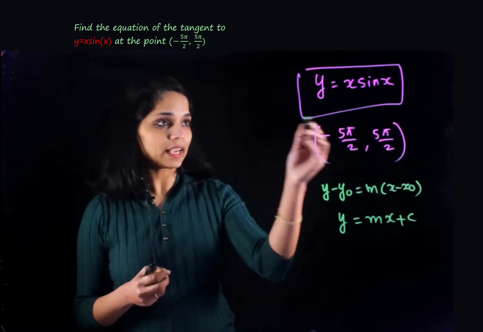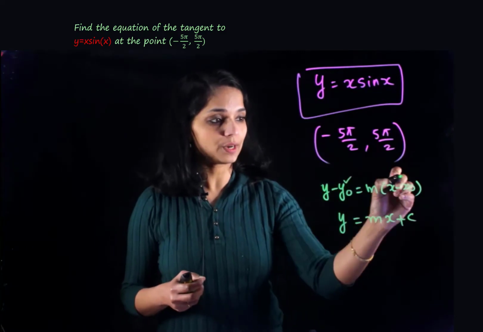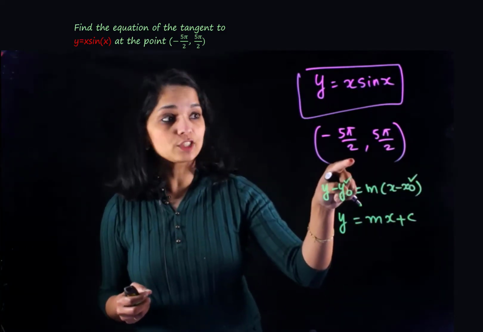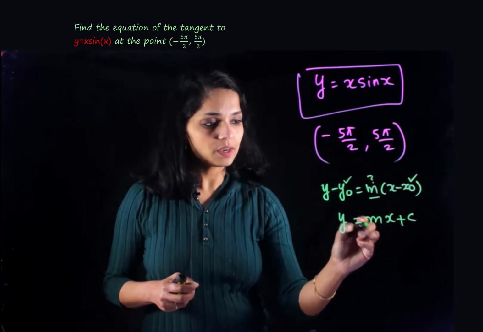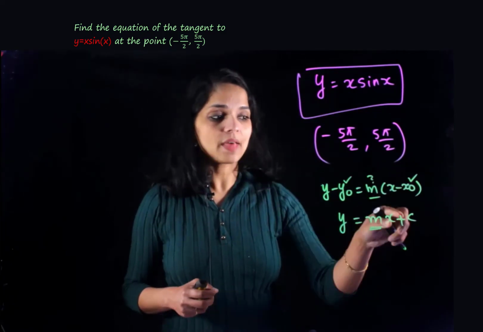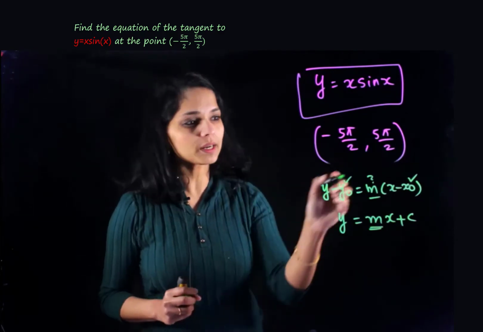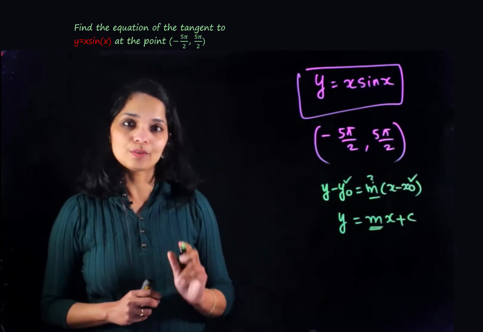So if you look carefully, we're given y0 and x0. That's one point of this tangent line, which is this point. And what we need is m. So even if you use this equation, all we need is m, and then you can work out c. So it's fine to use either of these equations, but for any equation to work, we need to get m, the slope of the line.